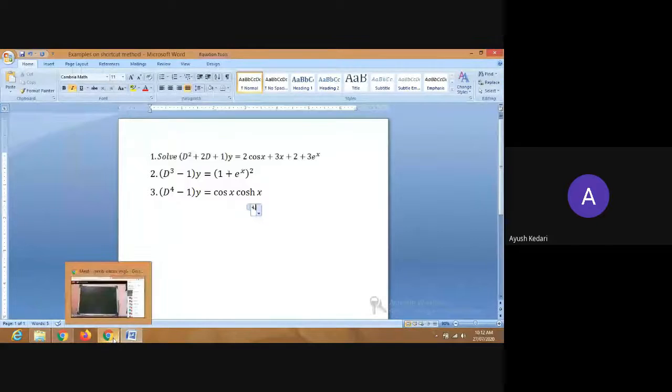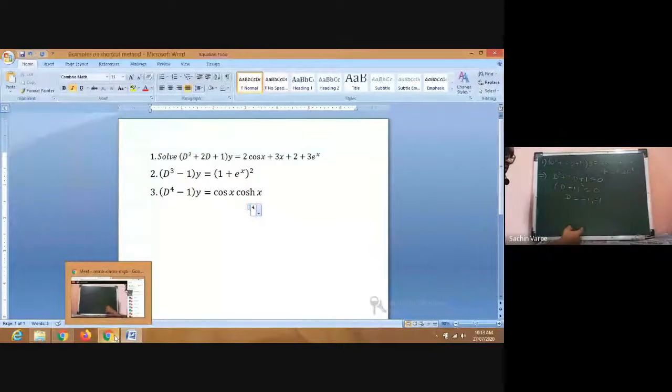Because when we consider the auxiliary equation, it is d square plus 2d plus 1 is equal to 0, which is the expansion of d plus 1 the whole square is equal to 0. So if we equate each factor to 0, then we'll get the roots d equal to minus 1, minus 1, repeated twice, isn't it? So the roots are real and repeated. Therefore, the complementary function is c1 plus c2x into e to the power minus x. Please check.